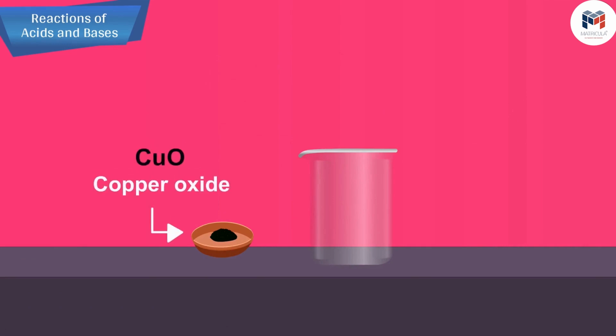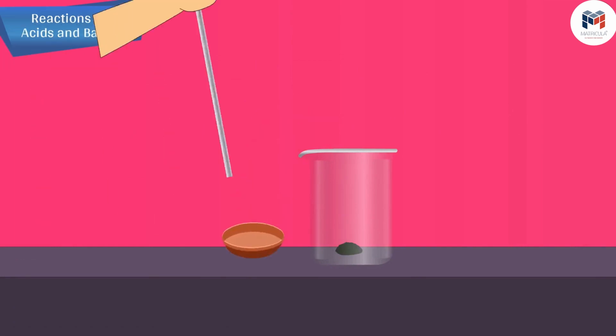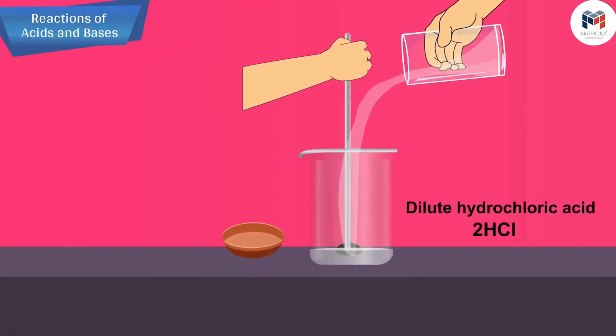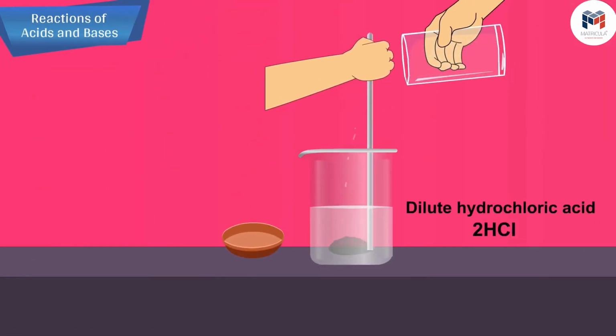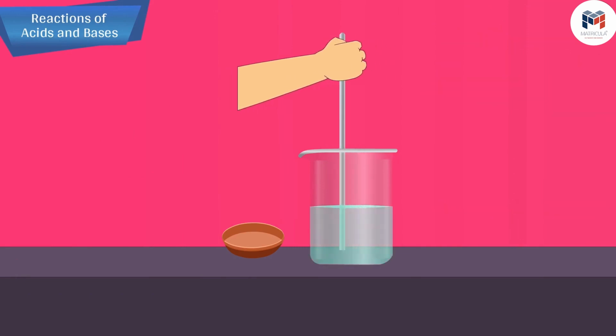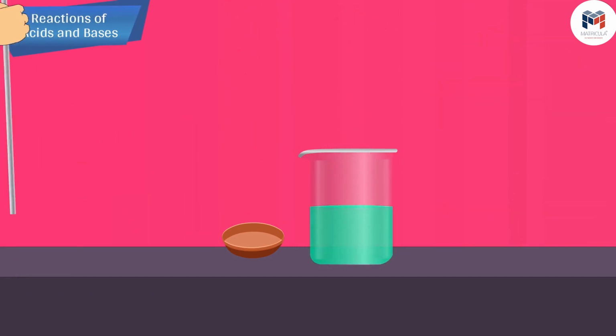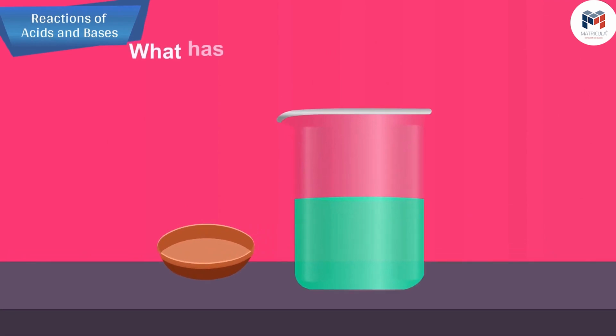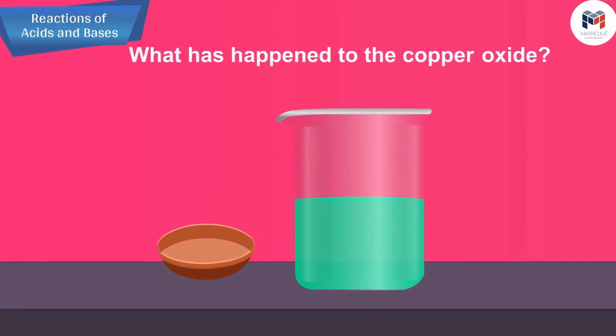Let's conduct an activity to understand this reaction in a better way. Take a small amount of copper oxide in a beaker and add dilute hydrochloric acid slowly while stirring. Note the color of the solution. What has happened to the copper oxide?